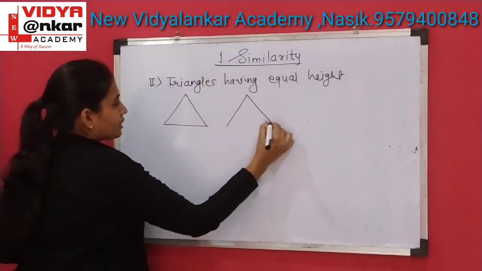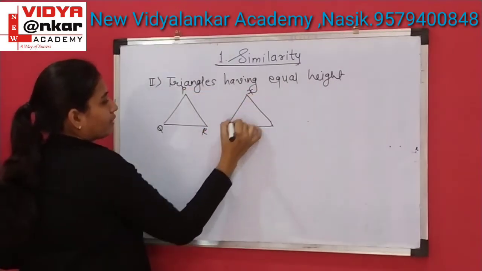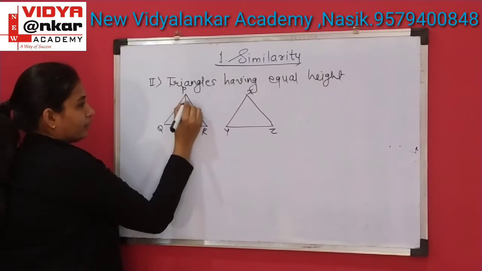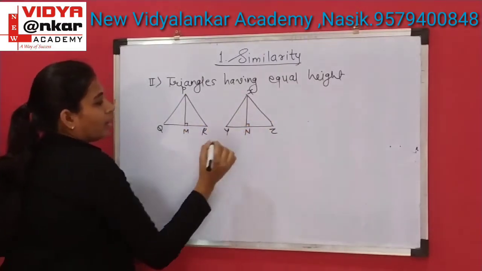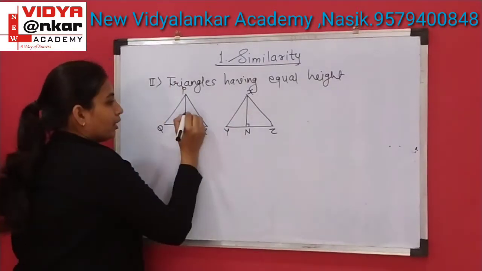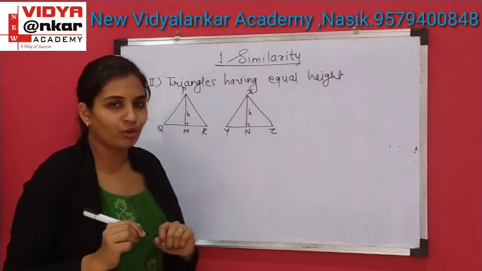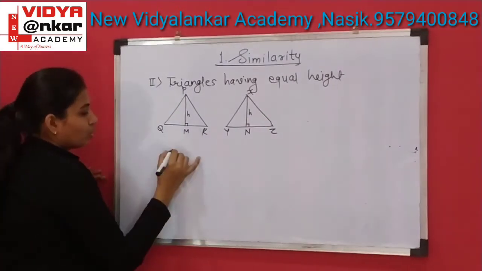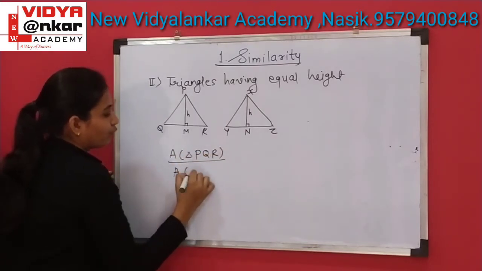Suppose the triangles are PQR and XYZ respectively, and PN and XN are their corresponding heights. Here the height can be taken as h because it is equal for both triangles. So we can find the ratio of areas of the two triangles.